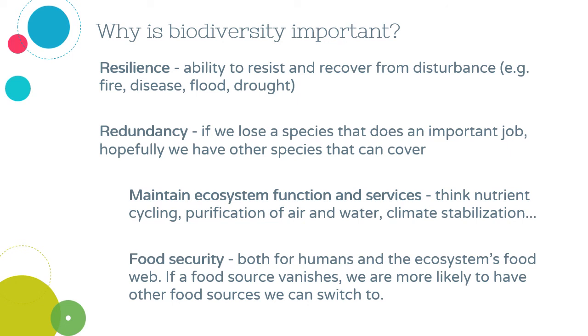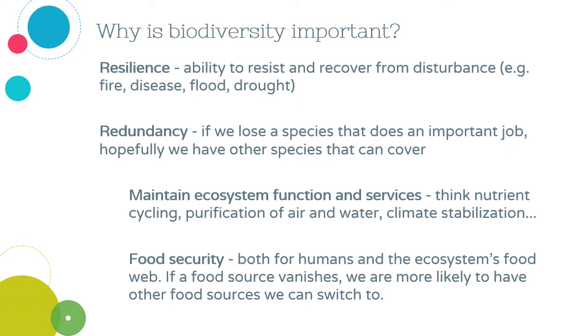Also the habitat ecosystem service, where we are supporting other organisms and their food sources. So if we have a diverse array of food options within an ecosystem, we are more likely to maintain some food source if there is a disturbance that might wipe out a particular food source.